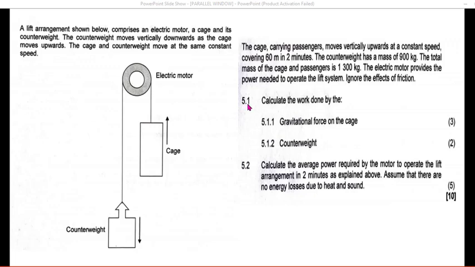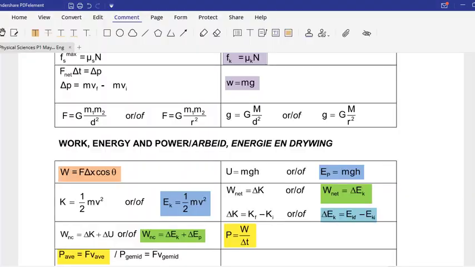And then 5.1: calculate the work done by the gravitational force on the cage. Now this is the cage, so to calculate work done by the gravitational force, the formula we have to choose is the first formula.